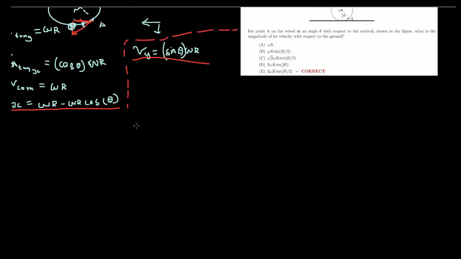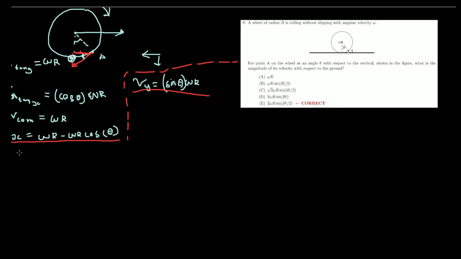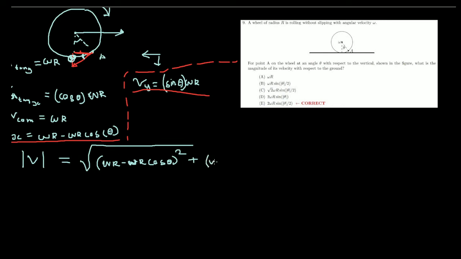So let's scroll down a bit. We have the absolute value of V equal to the square root of Vx squared plus Vy squared. Now we can expand.